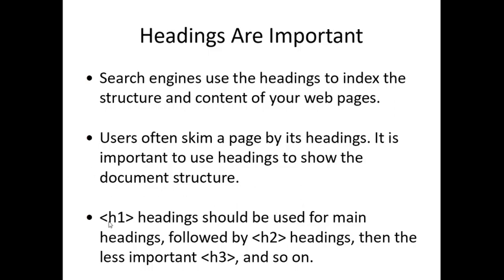The h1 heading should be used for the main heading, followed by the h2 heading, then the less important h3, and so on. If you are using all headings in a single document, what would be the order? You should first use h1, then h2, h3, h4, h5, and h6.